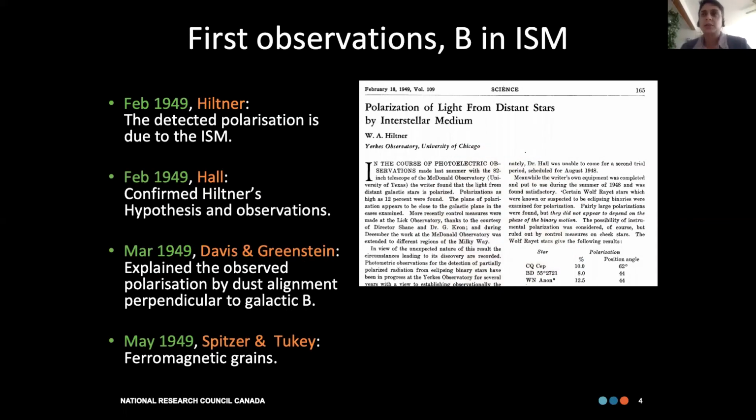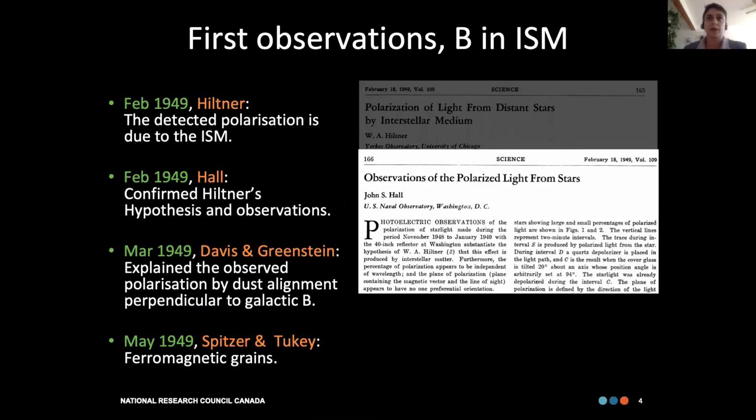The observations of magnetic field in the interstellar medium were started by Hiltner and Hall in an attempt to detect star-like polarization. Hiltner, based on the observation, first hypothesized that this polarization that we're seeing is not actually due to the starlight, and it's actually due to the interstellar medium. And then very quickly, Hall confirmed Hiltner's observations and hypotheses and said that, yes, what we are seeing is actually due to the interstellar medium.